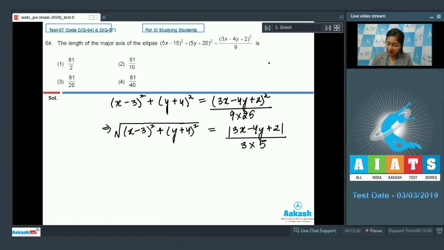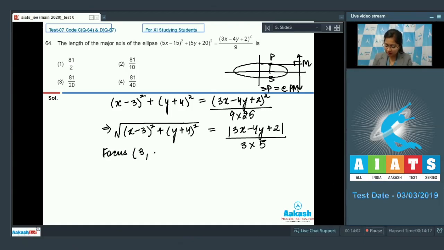Now, for an ellipse, we know that, let us say this is the directrix and let us say this is any point P and this is the focus S. So we know that SP is equal to eccentricity into PM, where PM is the distance of point P from the directrix, right? So from here we can see that the focus of the given ellipse is 3, minus 4 and eccentricity is equal to 1 by 3 and the directrix of the ellipse is 3x minus 4y plus 2 equal to 0, right?